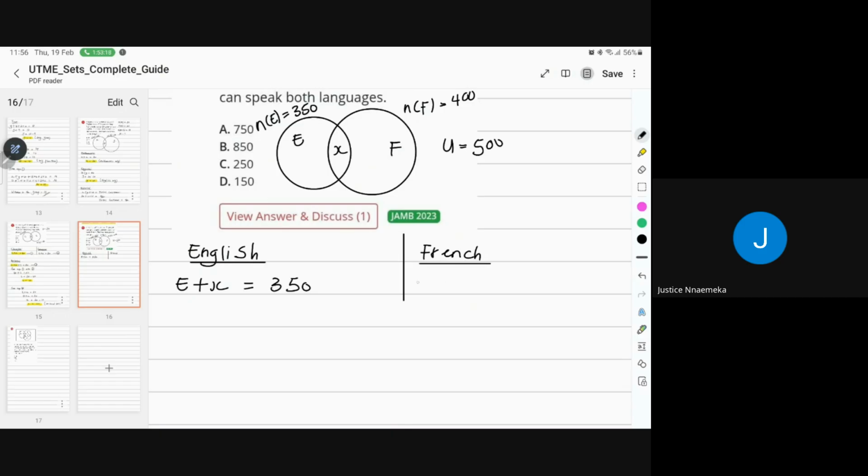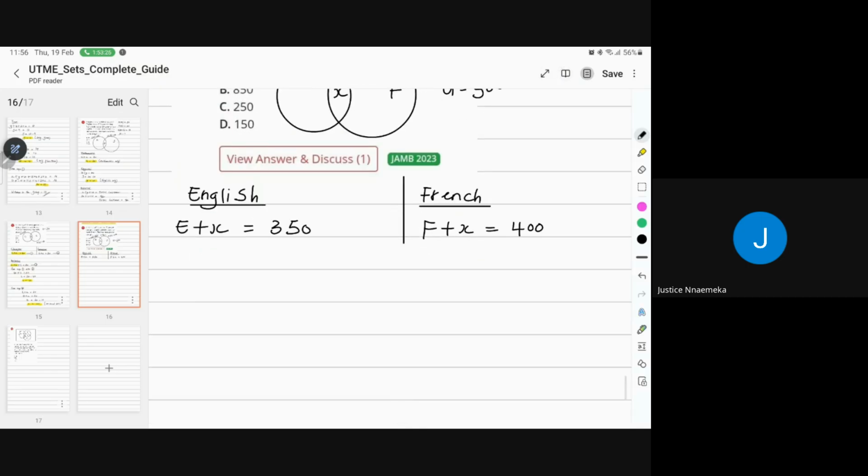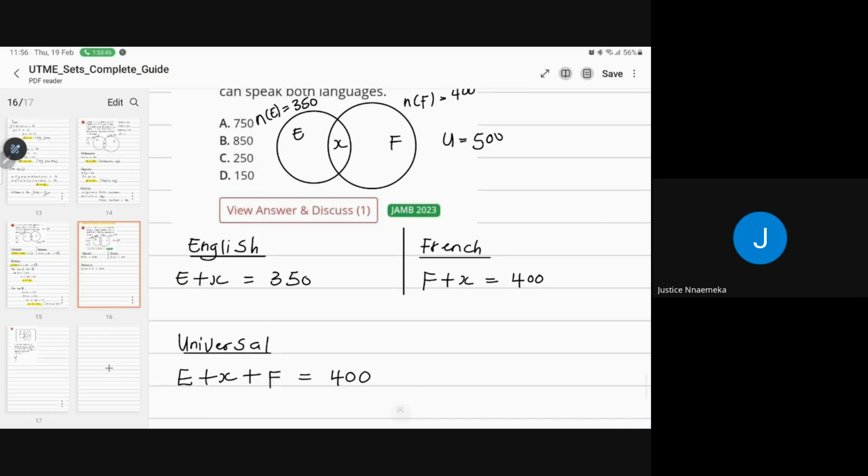So for French, we'll have F plus X equal 400. Then let's have our universal set: E plus X plus F equals 500.